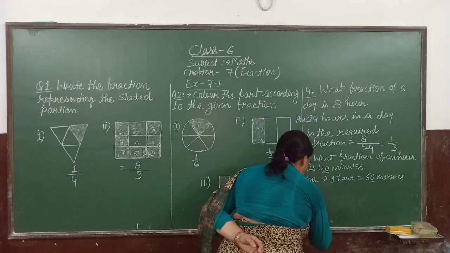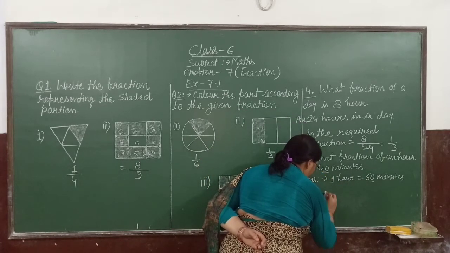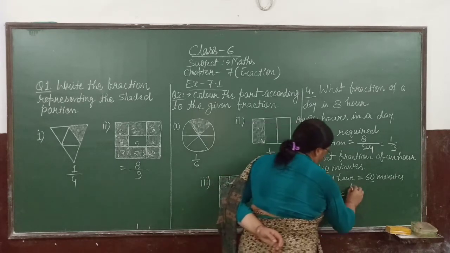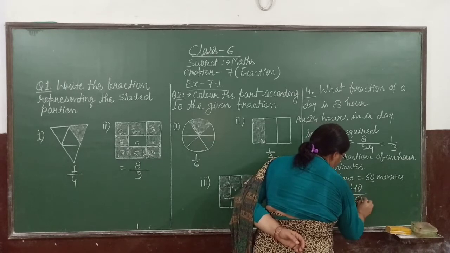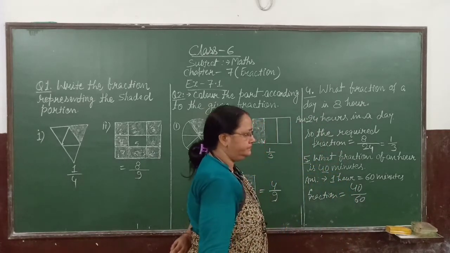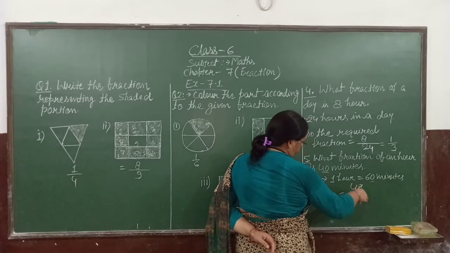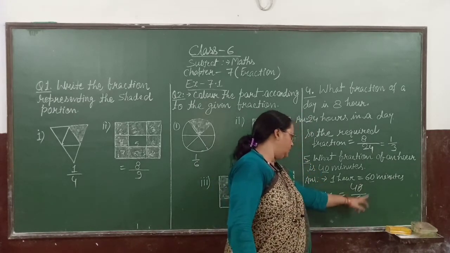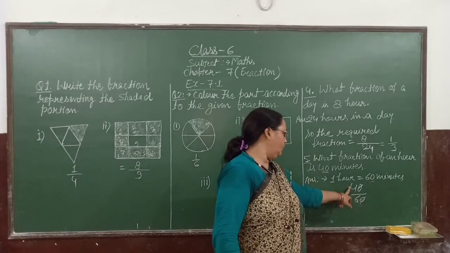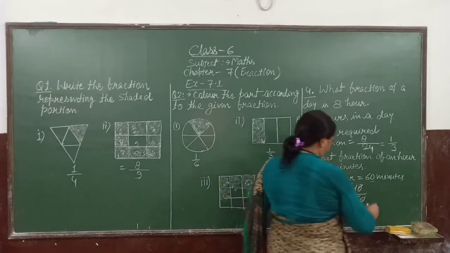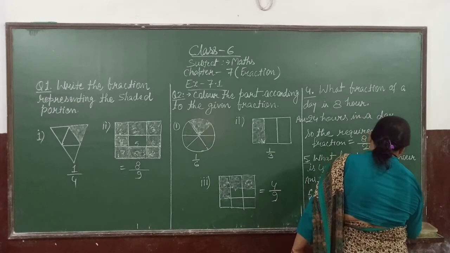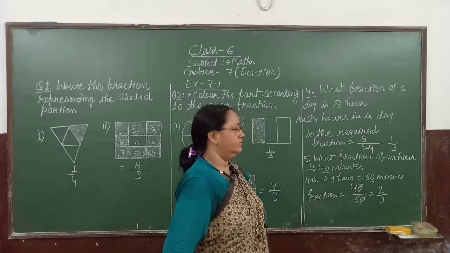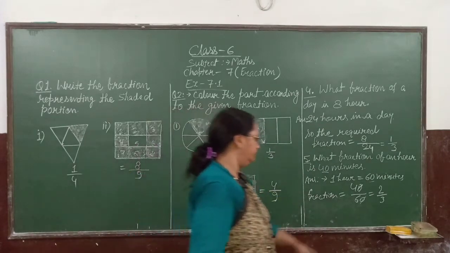So the fraction equals 40 upon 60. Cut out the extreme right 0 from both, and then 2 times 2 is 4, 2 times 3 is 6. So 2 upon 3. We can write it. Now come to the next question.